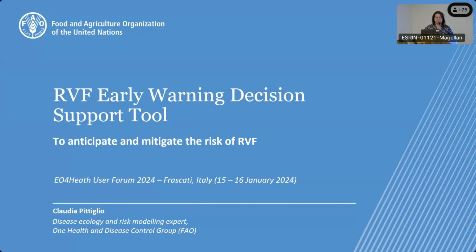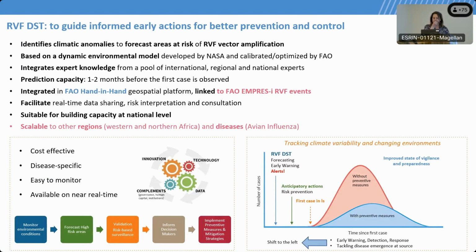What we present now is the Rift Valley fever early warning decision support tool, which is an example of an early warning tool where science has been translated into actionable information for Rift Valley fever to anticipate and mitigate the risk of the disease. So this is used to guide informed early action for better prevention and control.